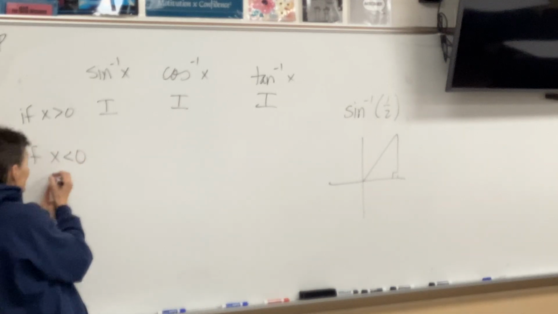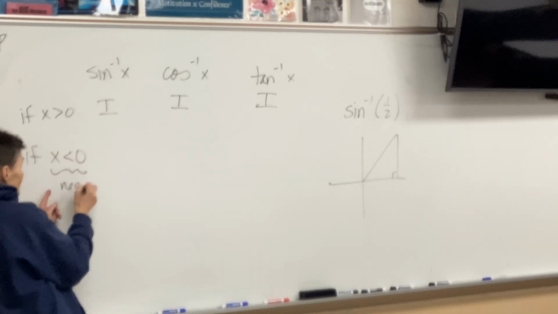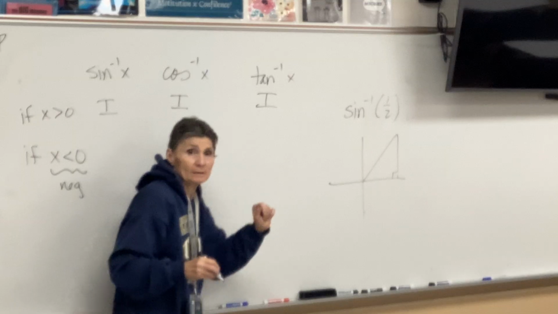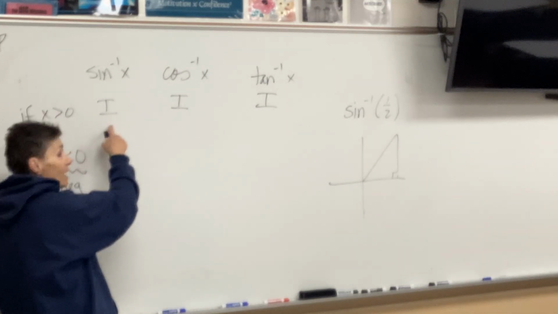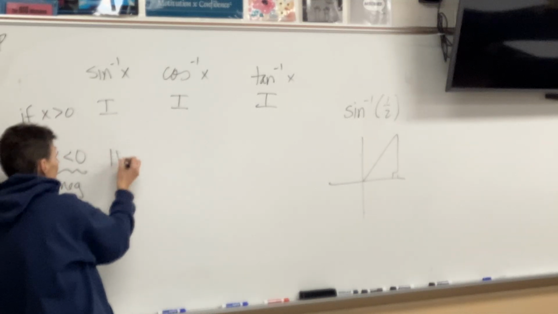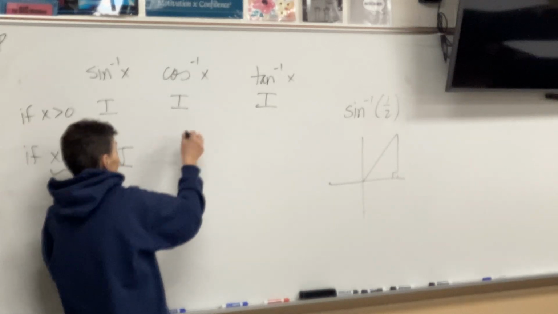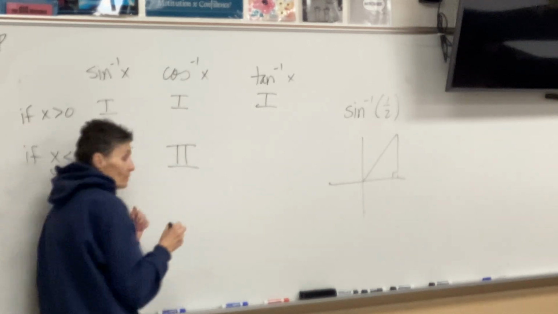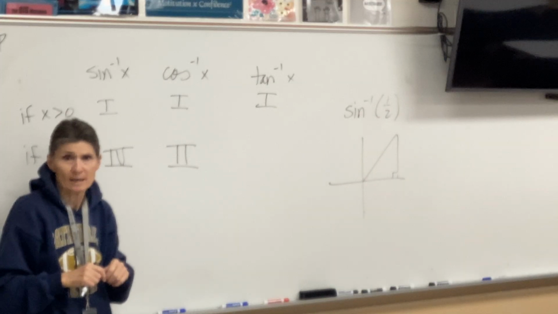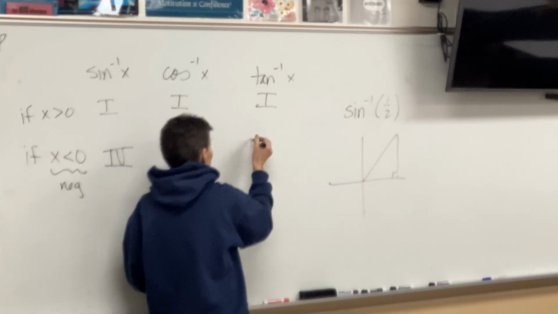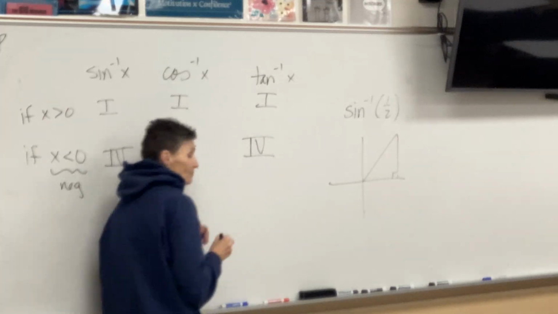So remember, this means negative. So if this number right here is a negative number, if it is an inverse sine, you're going to draw it in quadrant 4. If it's an inverse cosine, you're going to draw it in quadrant 2. See what I mean? It's a little freaky. If it is an inverse tangent, you're going to draw it in quadrant 4.